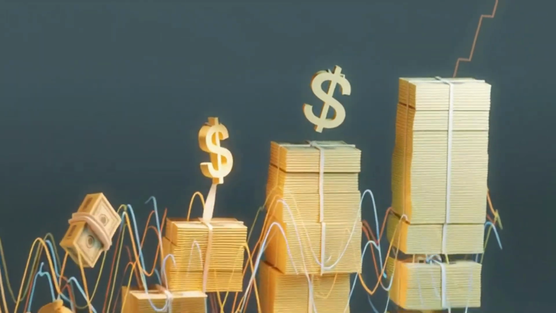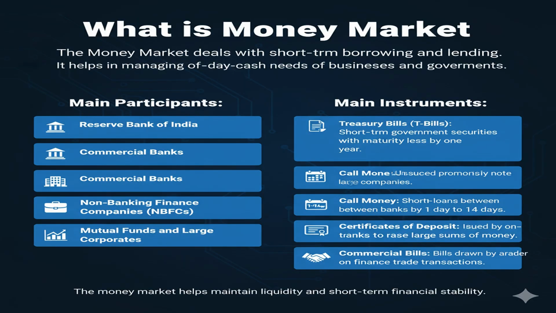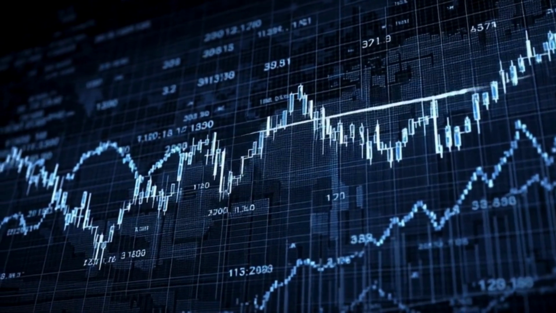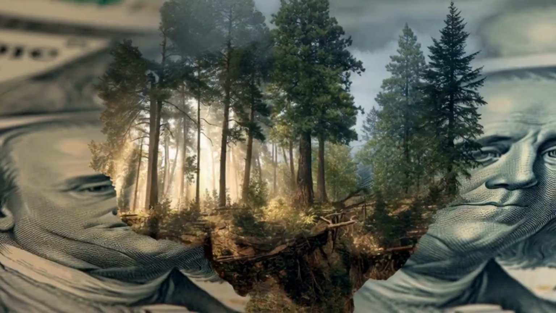Main participants: Reserve Bank of India, commercial banks, non-banking finance companies, NBFCs, mutual funds and large corporates. Main instruments: Treasury bills, T-bills, short-term government securities with maturity less than 1 year.